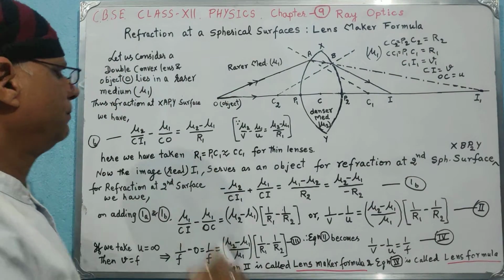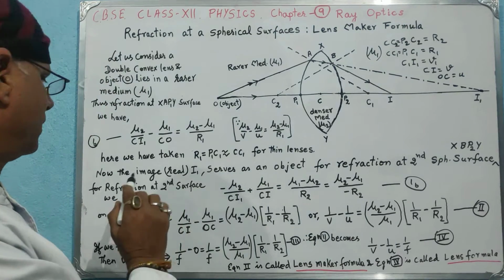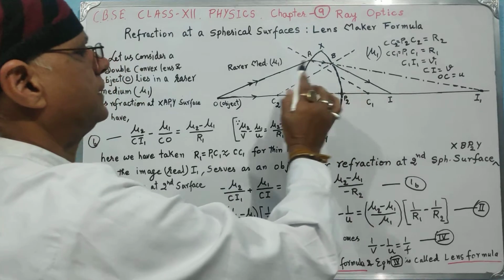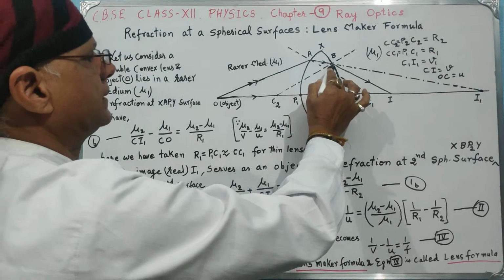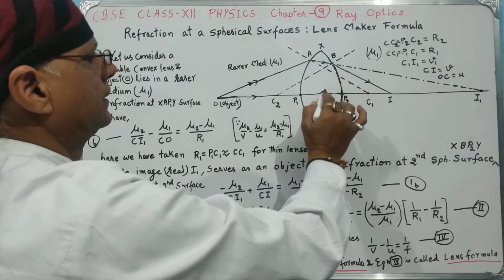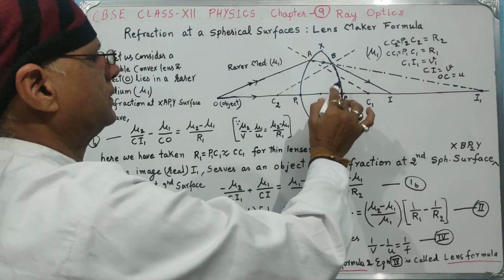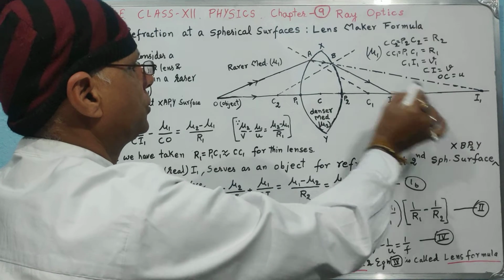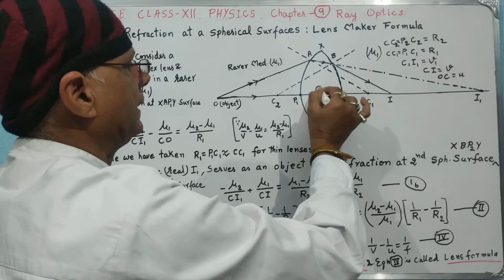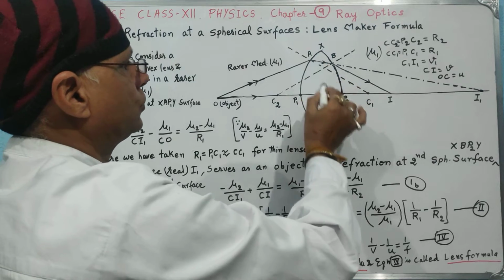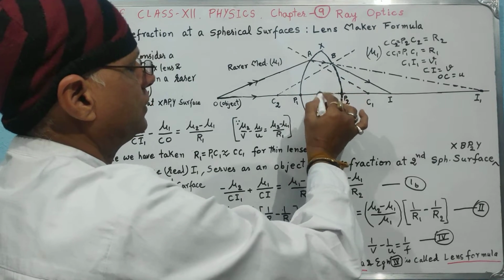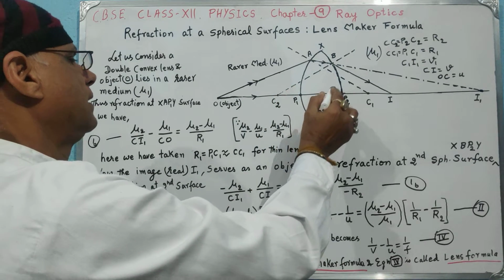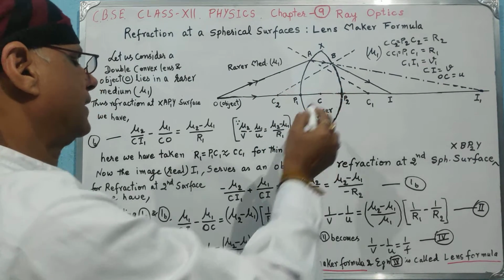Now we name it equation 1a, and this image I1 serves as an object for refraction at the second surface. Here you see this image is as if it is lying in the denser medium, so we consider the second equation, where the object lies in the denser medium and suffers refraction.